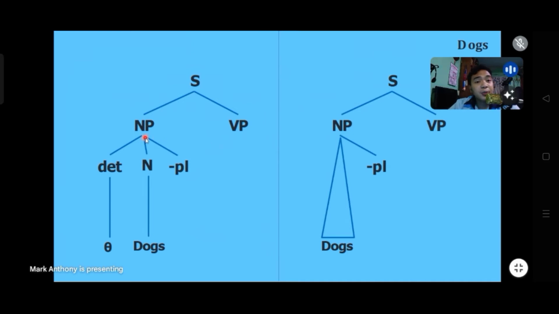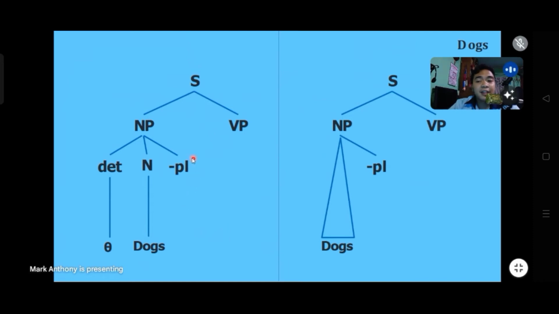Since there is no determiner present in the sentence, this is labeled as 0. However, we have a noun, therefore we label it as a noun. But what is this sub-constituent here? That actually refers to the form of the noun present in the sentence.